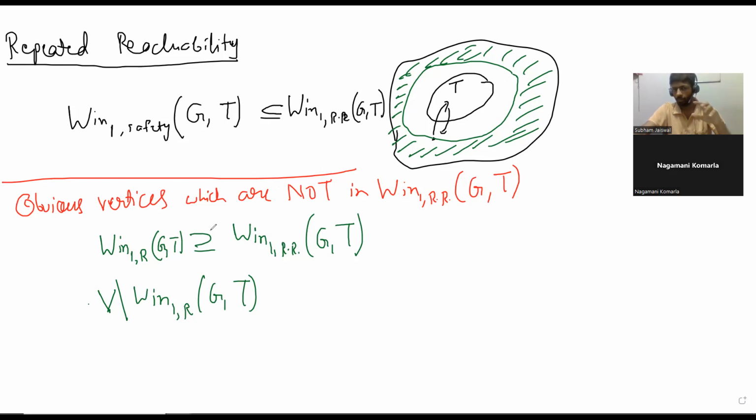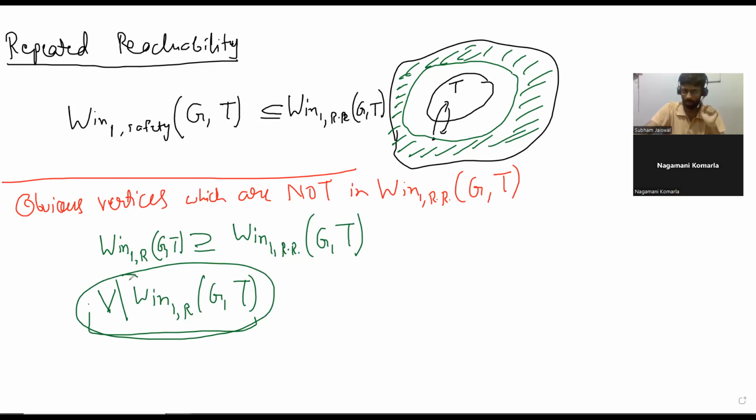So now we look at these vertices. These vertices are certainly not in Win1 Reach. But what is also important is if the game goes in this vertex set, if the token goes in this set, then player 0 can ensure that it remains in this set, because it's a safety objective for player 0.